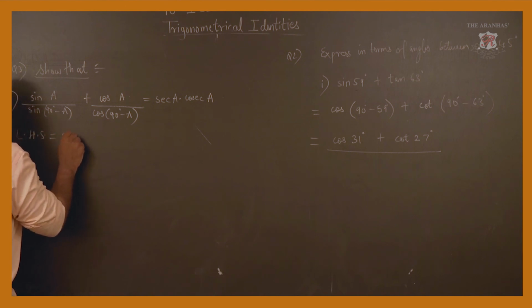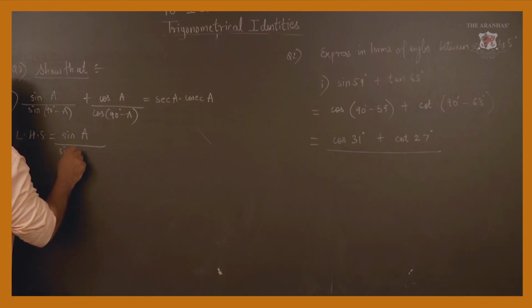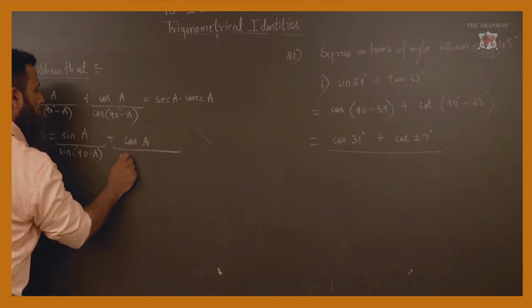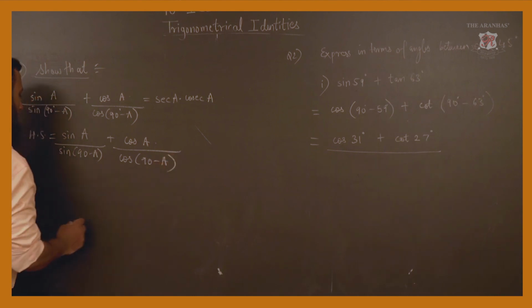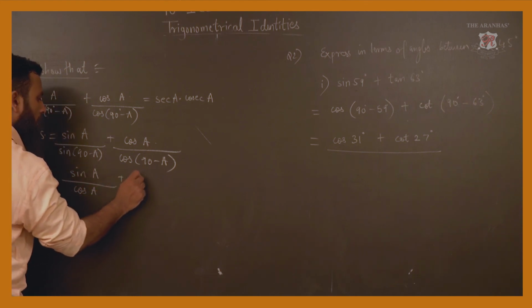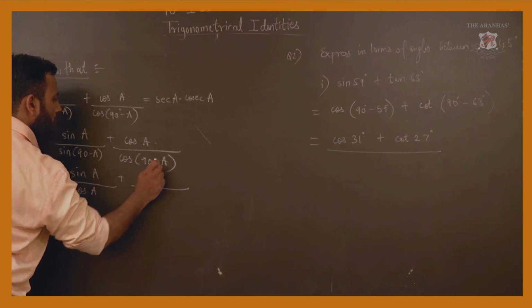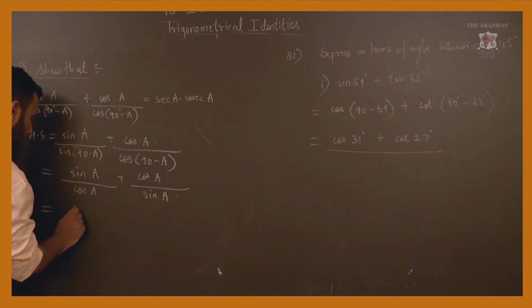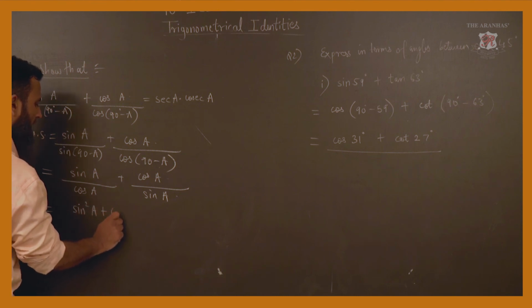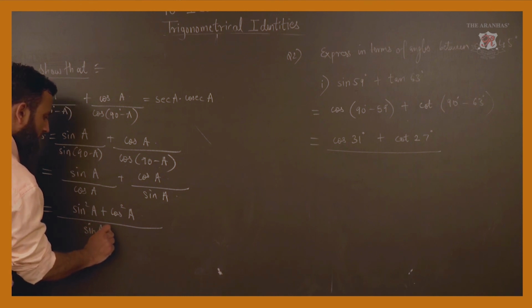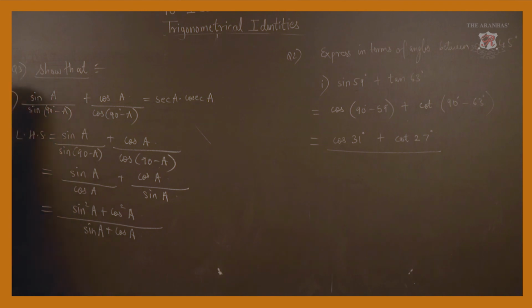LHS is equal to sin A upon sin 90 minus A plus cos A upon cos 90 minus A. Sin A, and here I know sin 90 minus A is cos of A and this is cos A, cos 90 minus A is sin A. If we cross multiply them, we get sin square A plus cos square A upon sin A plus cos A.